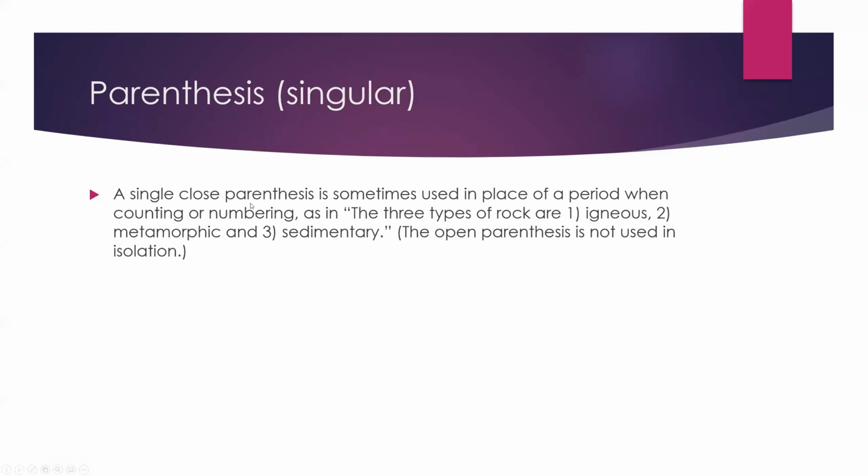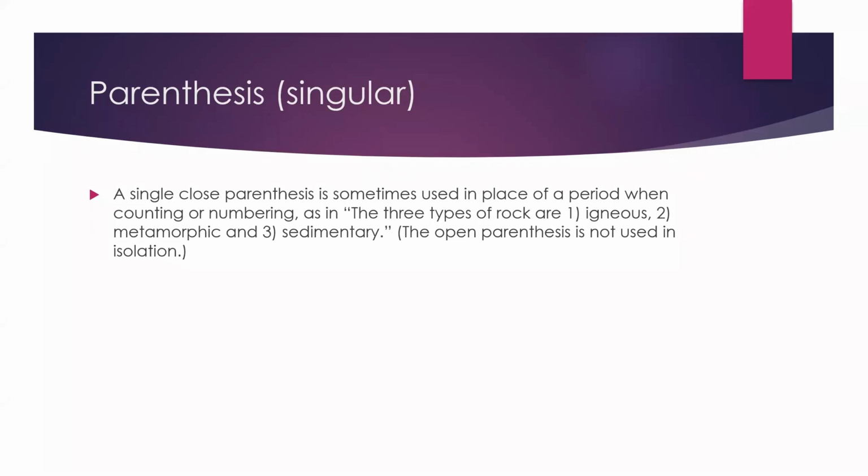So a single closed parenthesis is sometimes used in place of a period when counting or numbering, okay? When counting or numbering, as in this example here. The three types of rock are igneous, metamorphic, and sedimentary. So if you notice here, each number is followed by a parenthesis to its right.